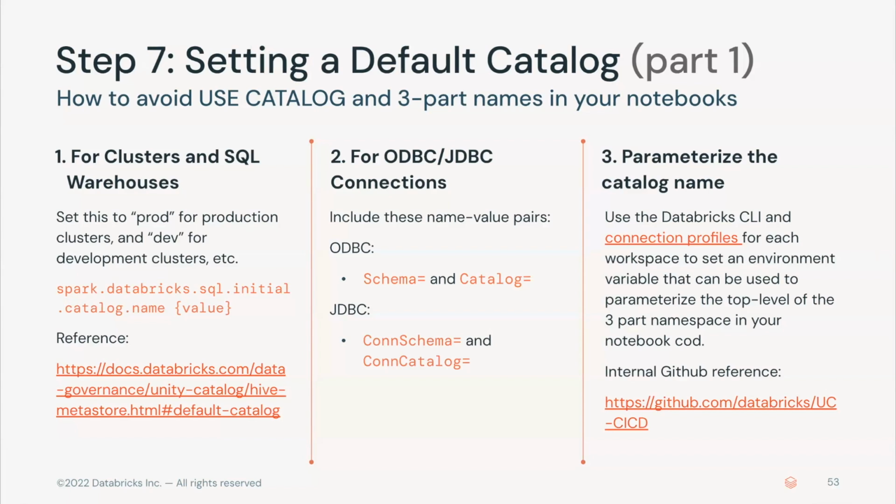So that's why all the 2-level namespace workflows that you've already built are completely compatible with UC. You're just changing the catalog you're pointing at from Hive to UC. You don't have to make any code changes with those table-based workflows.